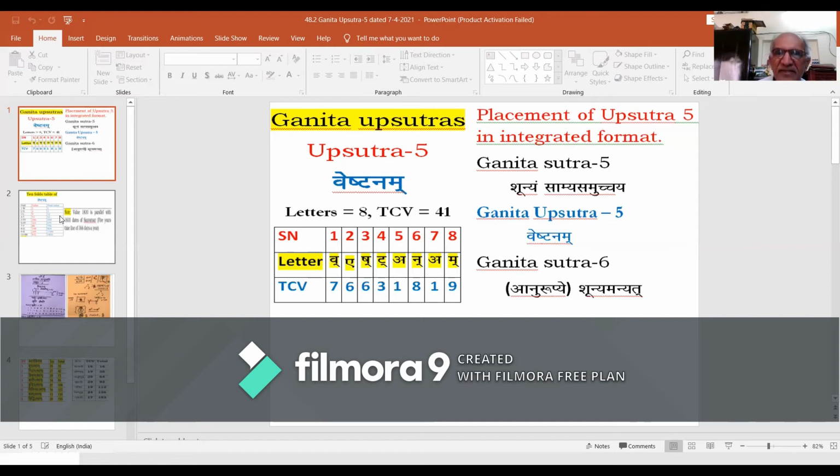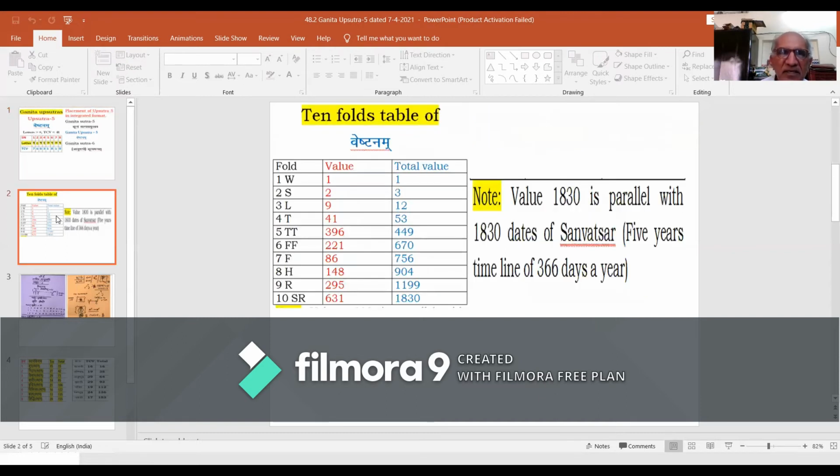Now let us see that the formulation Vestanam, which is of TC value 41, is of 10 folds. On the computer screen is the tabulation of these 10 folds of TC value of formulation Vestanam.